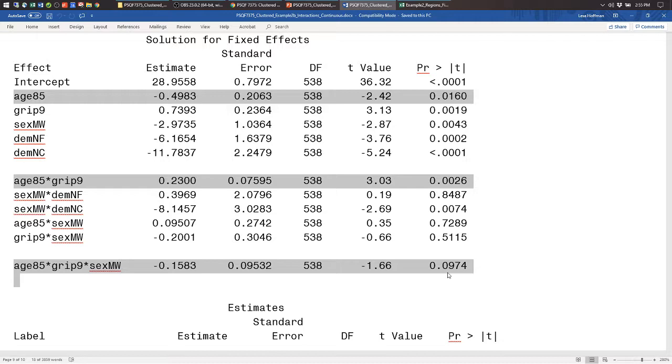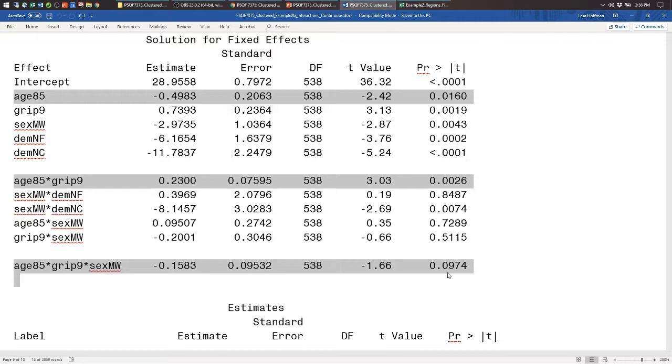Men who are 85? No, I'm pointing to age. It can't be men who are 85. It's conditional on the other ones. Grip. Yeah, it's only conditional on itself if it's a nonlinear, like a quadratic effect. So yes, this is the age slope for men of average grip strength.